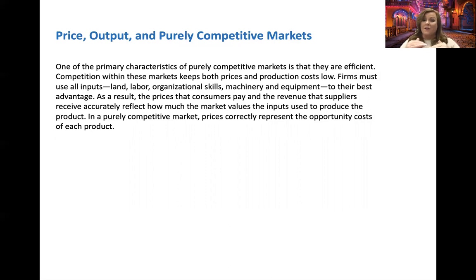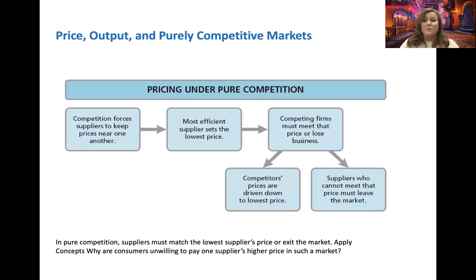Because if their costs are high and the price is low, they're going to take a loss. So they have no control over the price. They want to keep their costs as low as possible to make as big of a profit as they can. And when you're in a purely competitive market, the prices correctly represent the opportunity costs of each product, because it's at the lowest price.